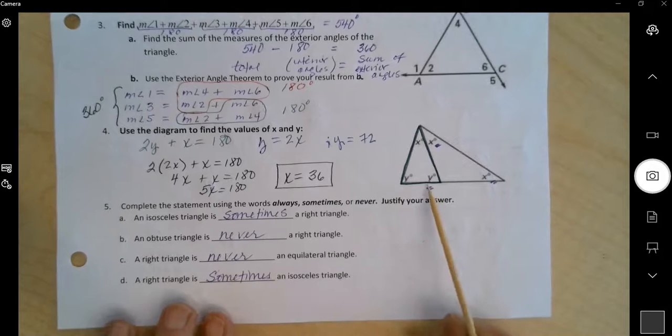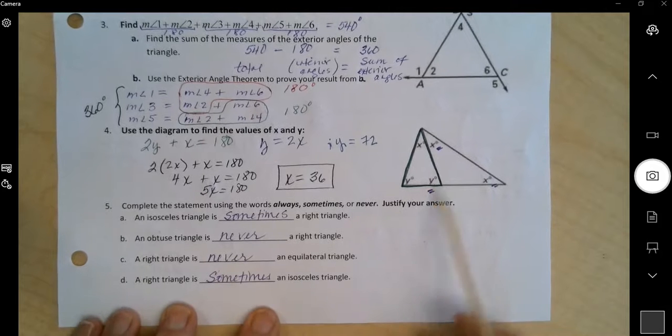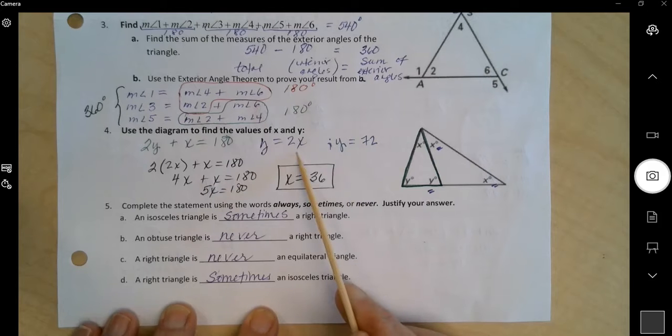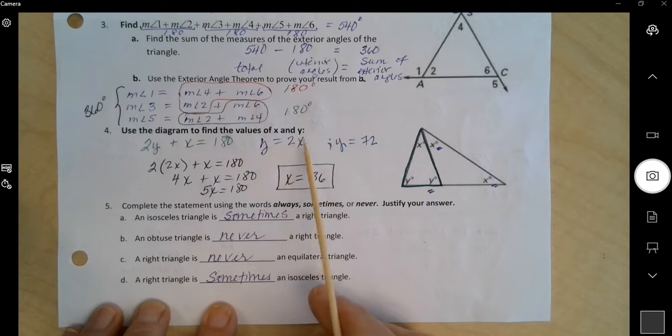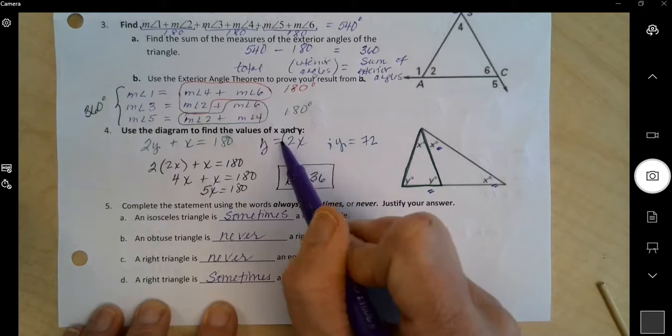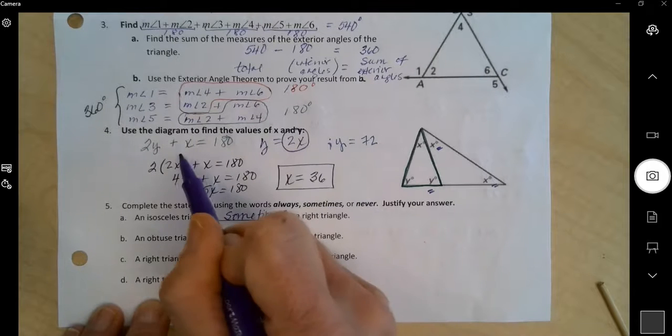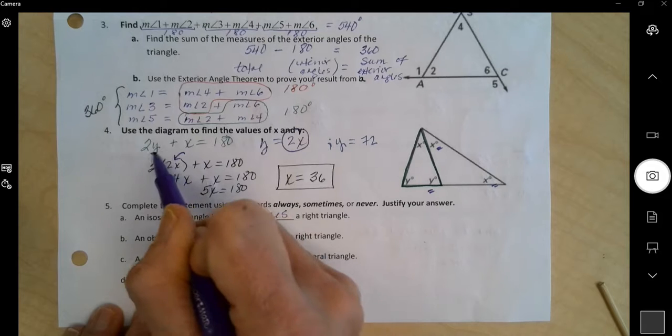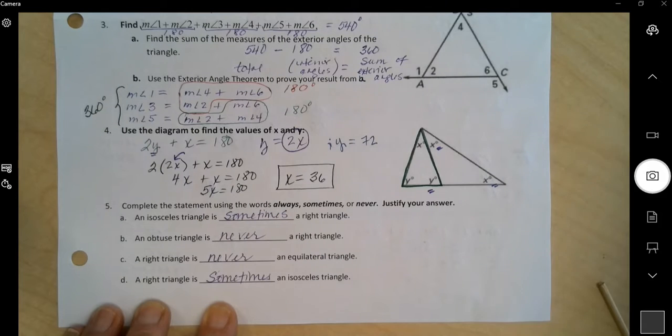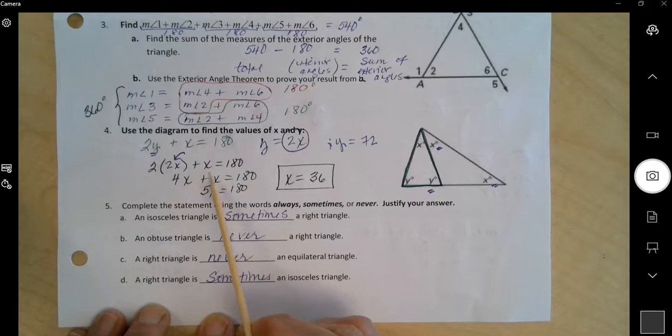This exterior angle is equal to the sum of the two remote interior angles. So because y is equal to this, I can take this value for this 2x and plug it in for that y. That's solving a system of equations. So now that I have everything in terms of x, I can go ahead and solve for that x value.